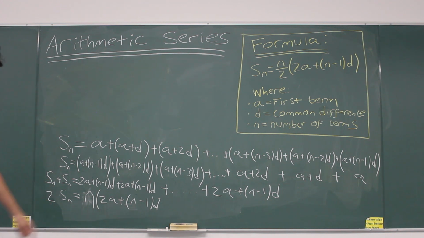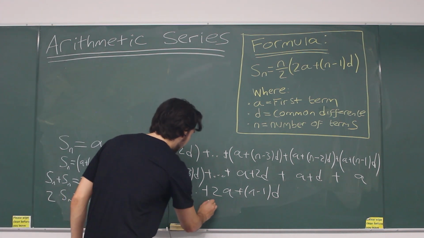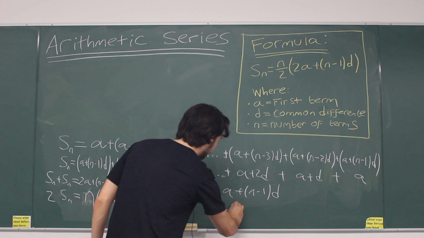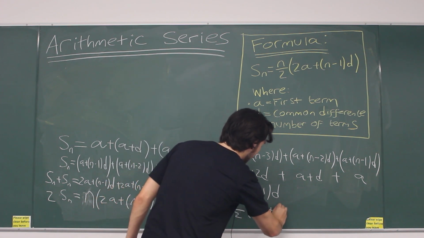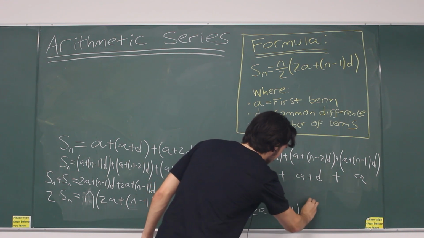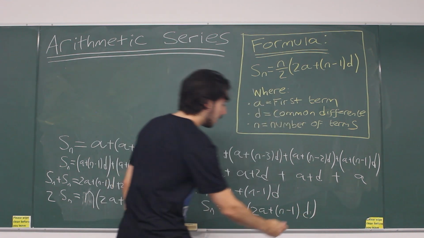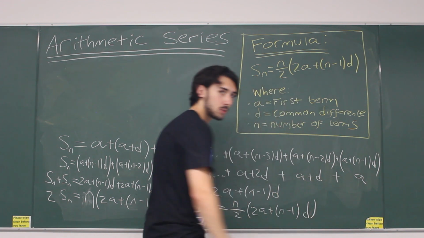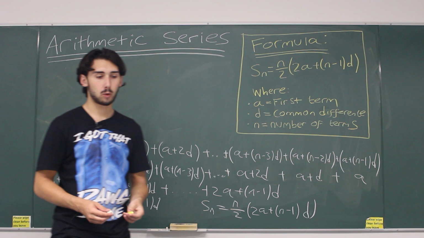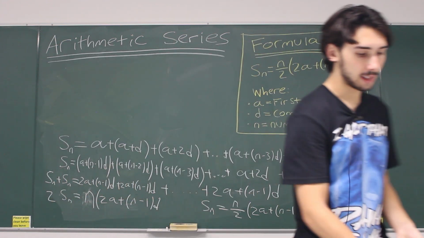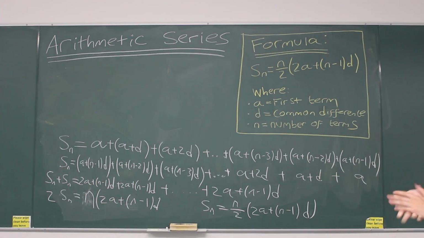So if we divide both sides by 2, we will have that Sn is n over 2 times (2a plus (n minus 1)d). And that is all there is to it. So that's where you get this formula from. That's the derivation, okay? Hopefully I made that nice and clear.